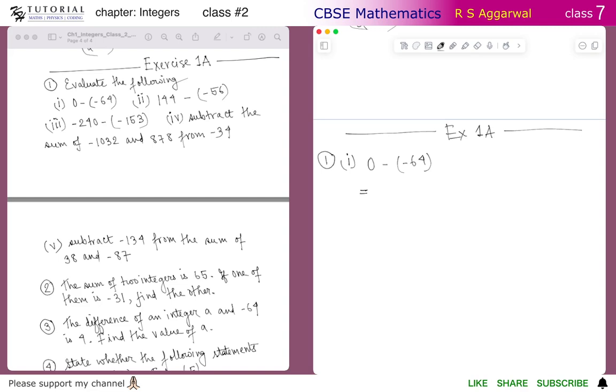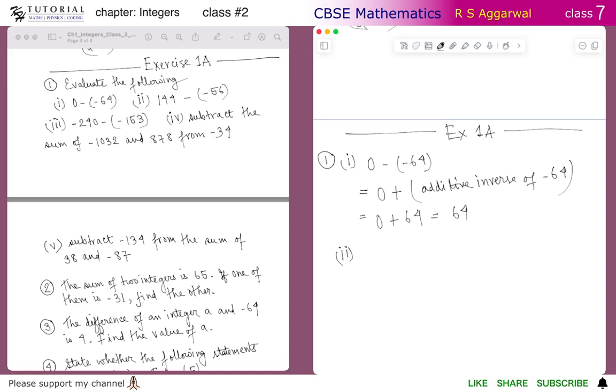We add to 0 the additive inverse of minus 64. The additive inverse of minus 64 is 64. So 0 plus 64 is 64. So the answer is 64.